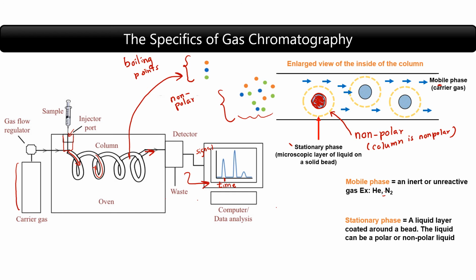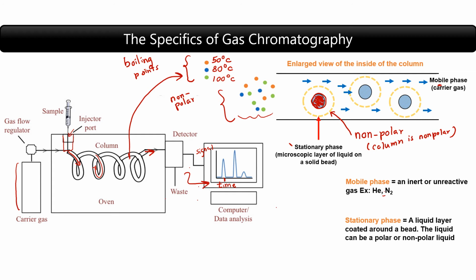So just as an example, let's say we have this mixture of orange, blue, and green molecules, and let's say the orange molecule's boiling point is 50 degrees Celsius. The boiling point of the blue molecule is 80 degrees Celsius, and the boiling point of the green molecules are 100 degrees Celsius.